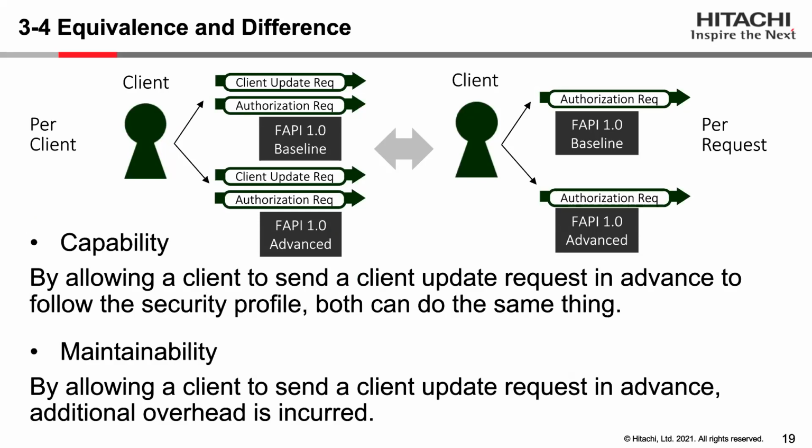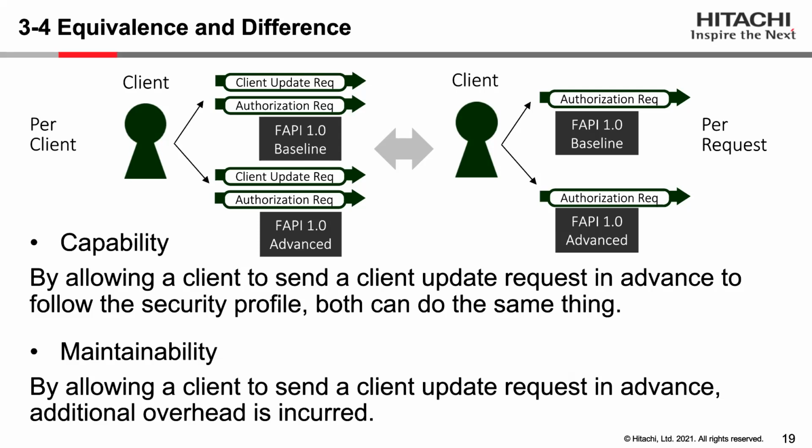But there are other ways of doing so. In this case, the client does not need to instantiate client 1 and client 2 for each security profile. Instead of that, if the client wants to access the read API, then before sending the request to the server, the client sends a request to modify its client metadata to meet the FAPI 1.0 baseline security profile's requirements.